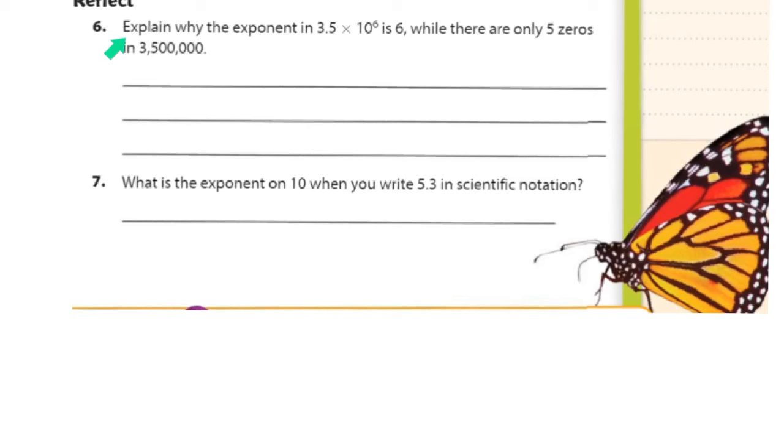Okay, so on here it says, explain why the exponent in 3.5 times 10 to the 6th is 6, while there are only 5 zeros in 3,500,000. Well, keep in mind that this 6 is not how many zeros, the 6 is how many spaces.